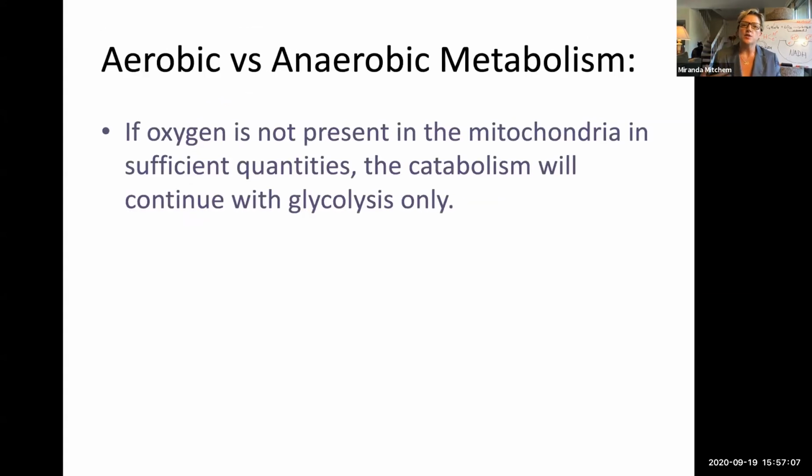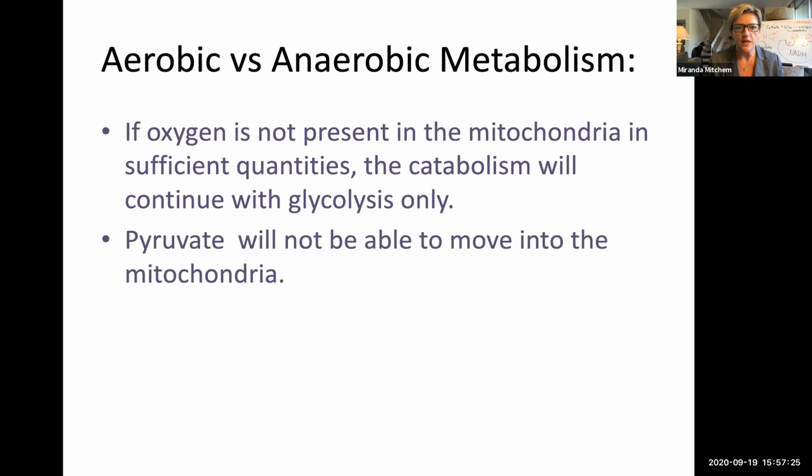All right, so what's the difference between aerobic and anaerobic? Well, if you have a cell that's capable of doing both, most of the time it's going to choose aerobic because it is so much more efficient. What happens with anaerobic metabolism is it's basically just glycolysis.